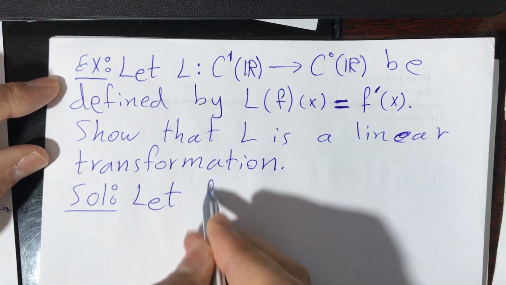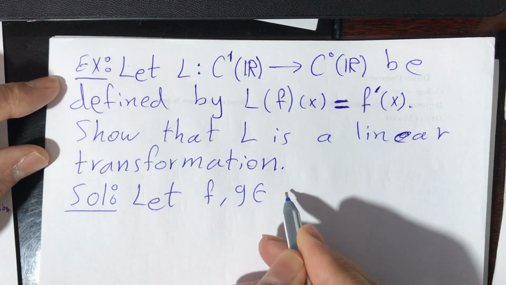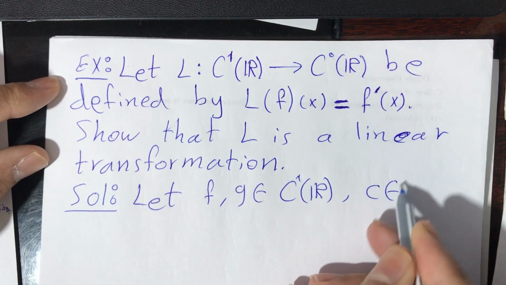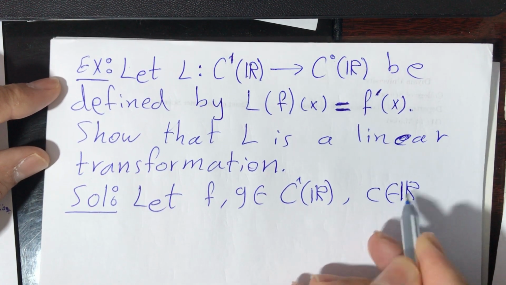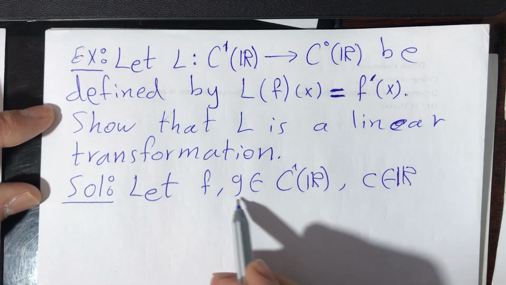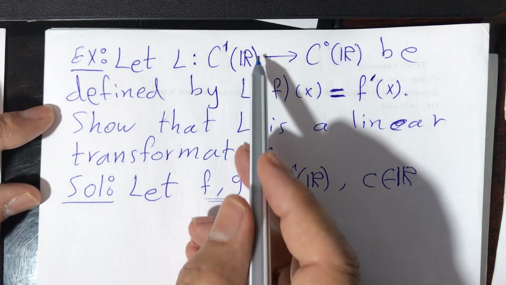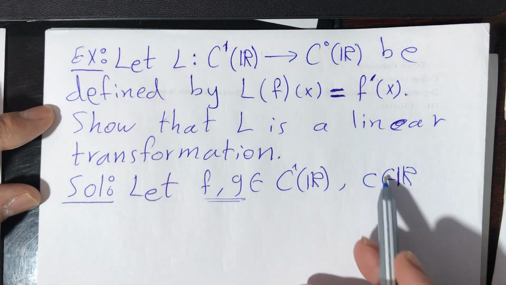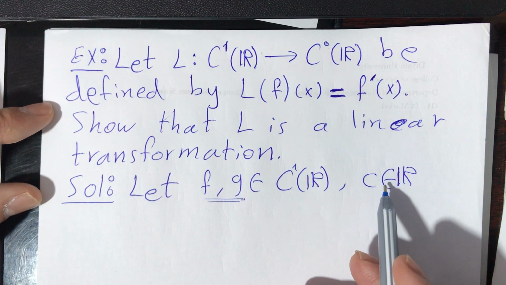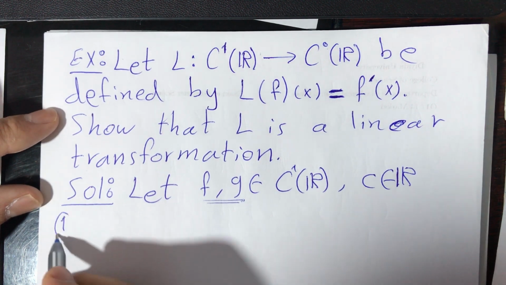Let f, g belong to C1 of R and c belongs to R. This is the same. Every example the same. We take two elements in the domain and c a constant, one constant in R. The same. And try to satisfy two conditions.